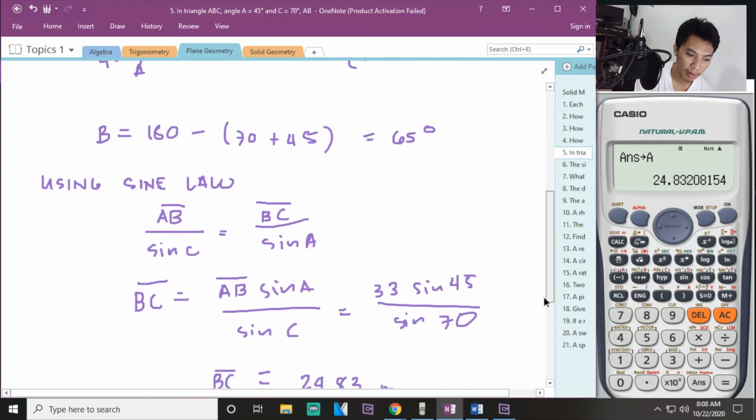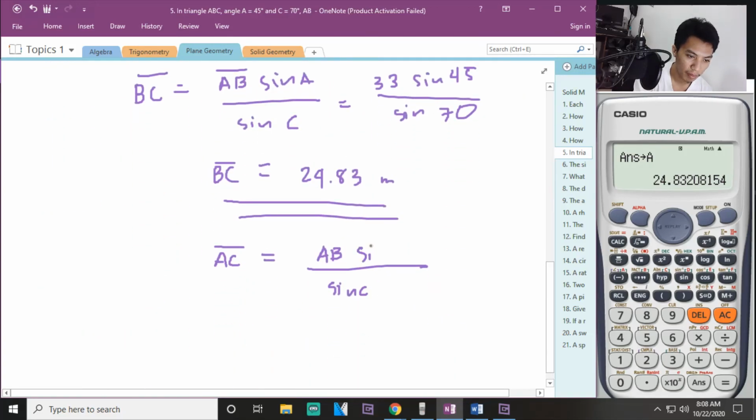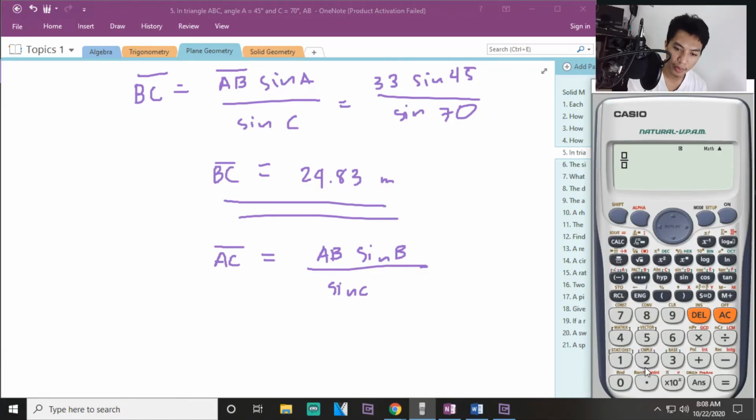Sin B. So, AB is 33, sin 65 over sin C, that is 70.